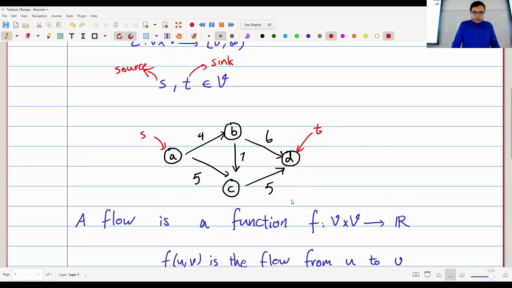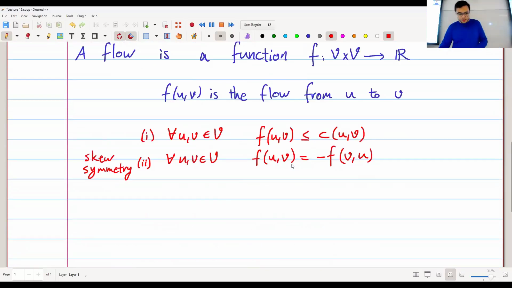But what I told you was that I'm going to open a tap at the source and I want all the water to go to the sink. So at any other vertex other than the source and the sink, I want to make sure that the amount of water that comes in is equal to the amount of water that goes out. So the inflow should be equal to the outflow. How can I write this?